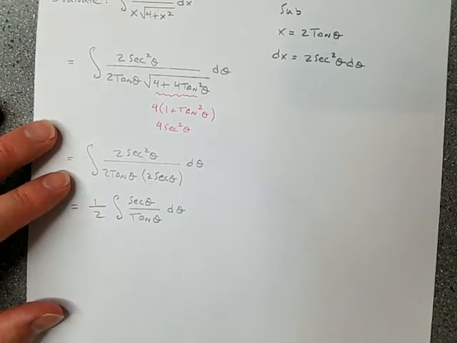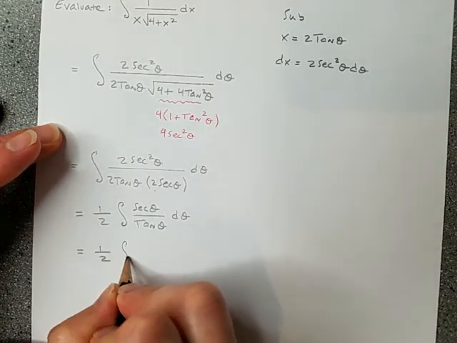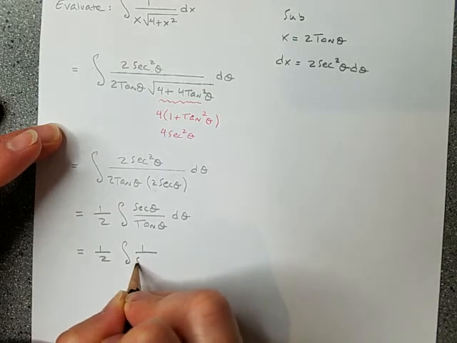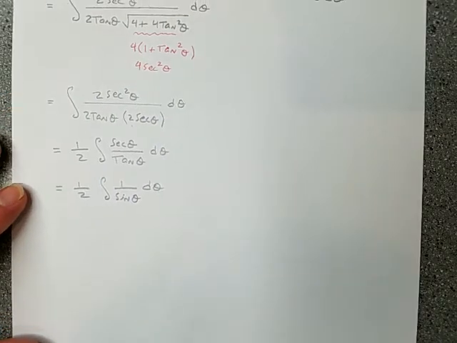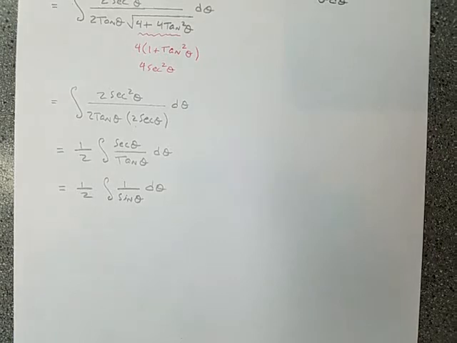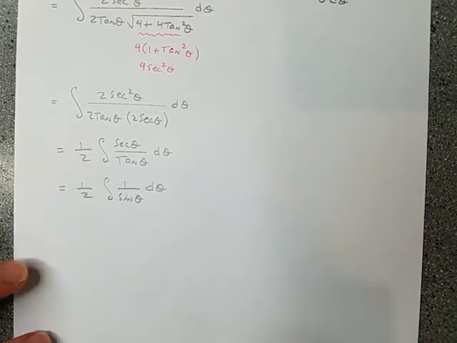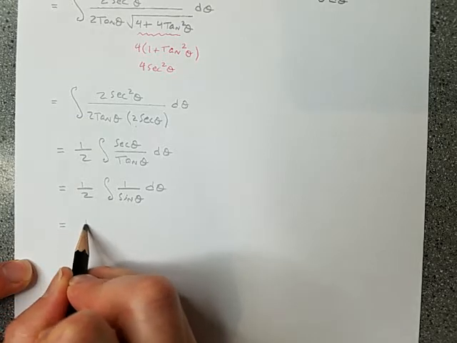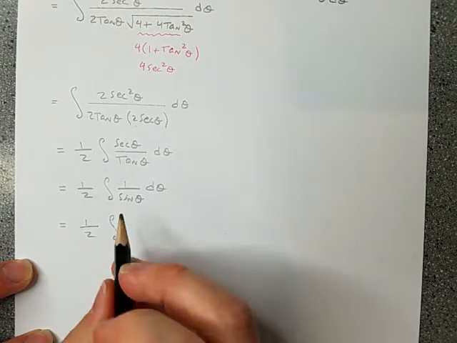So let's do this. Let's leave the half and write 1 over sine theta. Okay? And now we look at that and decide, well, what can we do with that now that it's reduced a little bit further? Okay, and so for 1 over sine, at least I can't think of any formula for the antiderivative of that, but it does strike me that that is cosecant.